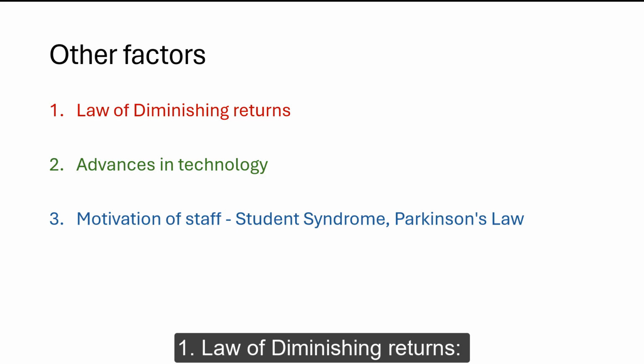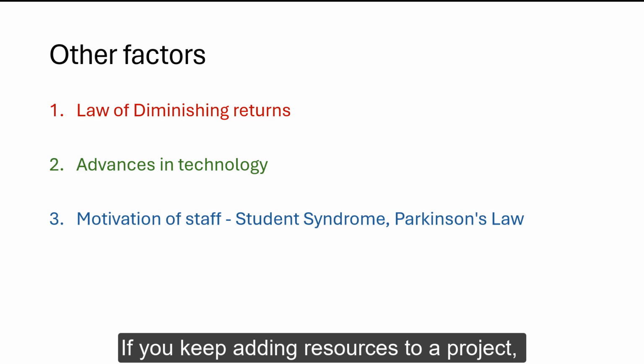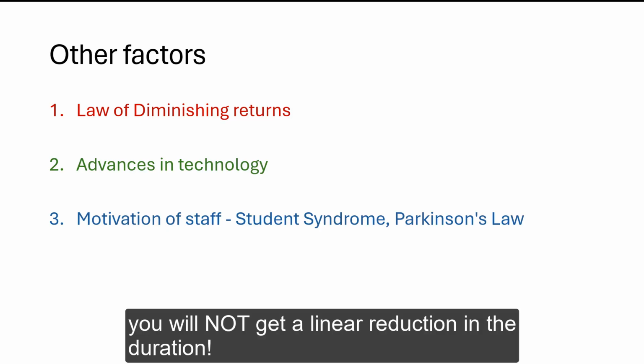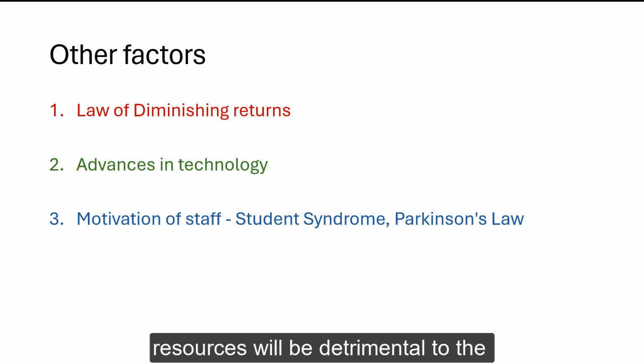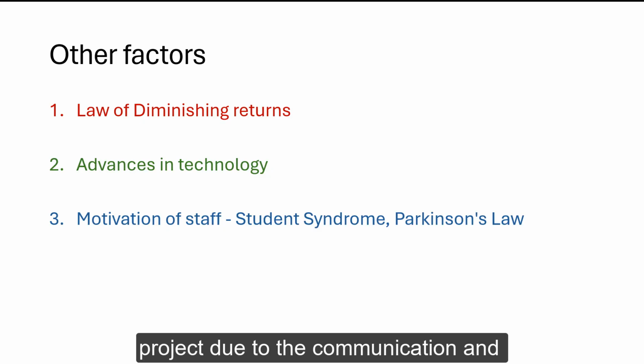The first one is called the law of diminishing returns. If you keep adding resources to a project thinking the time will go down, you will not get a linear reduction in the duration. In fact, after a certain point, adding more resources will be detrimental to the project due to the communication and management overhead.